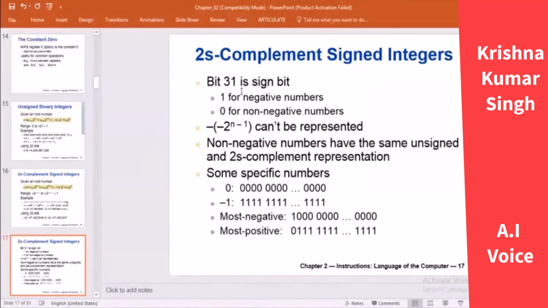Of course, we cannot display this number by n bits. Non-negative numbers have the same unsigned and 2's complement representation. Let's see the most positive number that you can display. It can be constructed in this format by putting all of the bits 1, only the sign which should be 0.